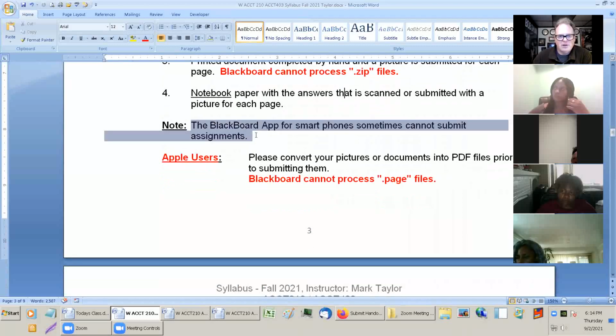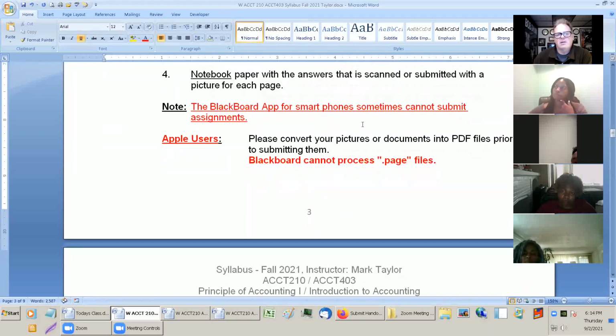Another thing to mention, and this goes throughout all your classes: for whatever reason, the Blackboard app for smartphones sometimes cannot submit assignments.